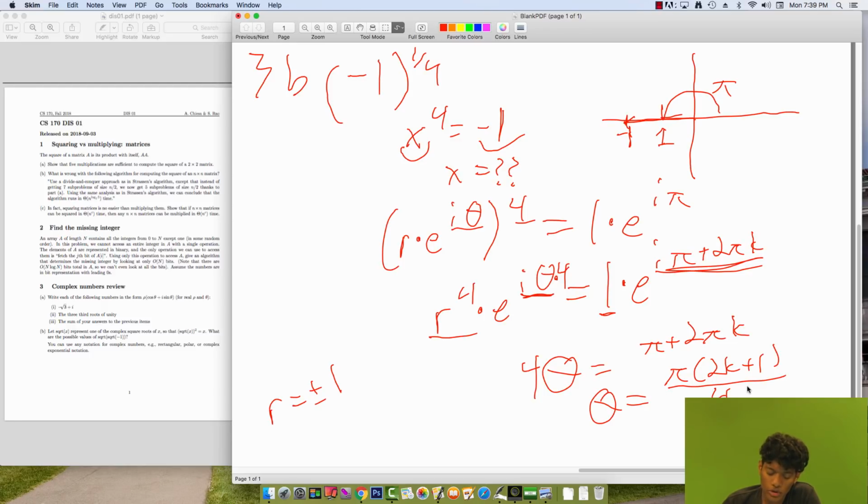And remember that with the roots of unity, we found that if we kept plugging in different values for k, we eventually got some periodicity. So we have to see how many different values there are for theta that are actually distinct angles. Let's try to list them all out. The first one is going to be pi times 1 over 4.